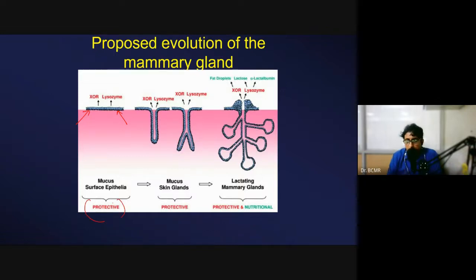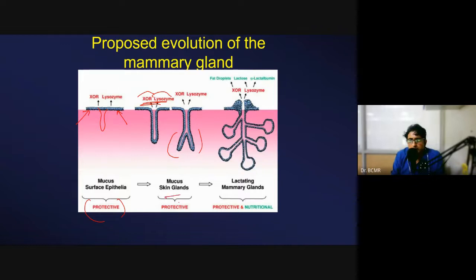So the glands, or the genes, may have evolved by invaginating, and with a larger surface area there would be more production of xanthine oxidoreductase and lysozyme, and eventually these evolved.